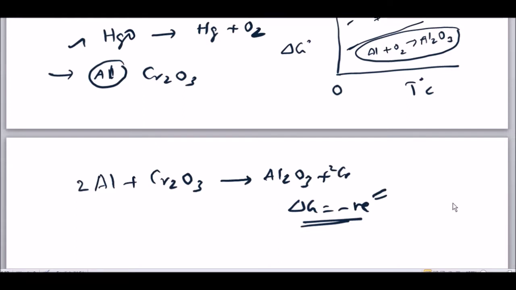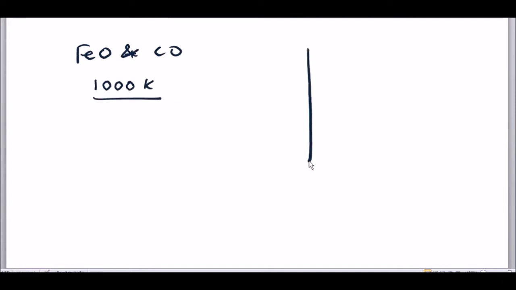And the diagram shows that Ellingham's diagram is also giving the information that the FeO and carbon monoxide formations intersect at the temperature of 1000 Kelvin. You just see that particular diagram.